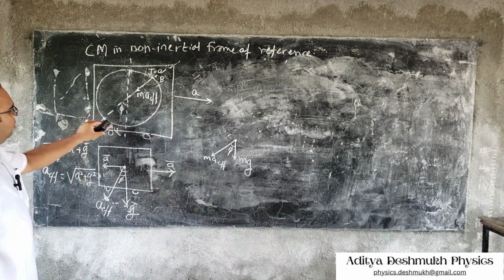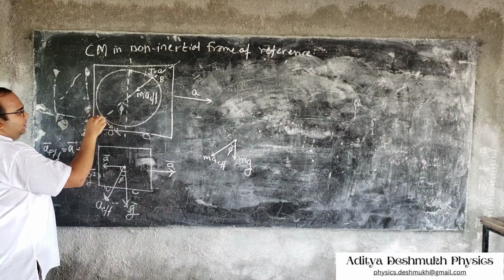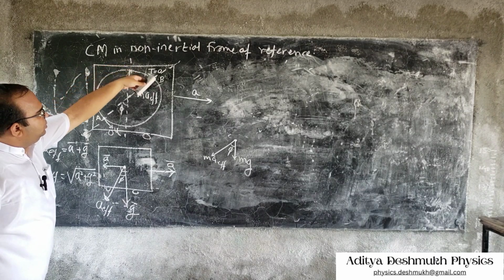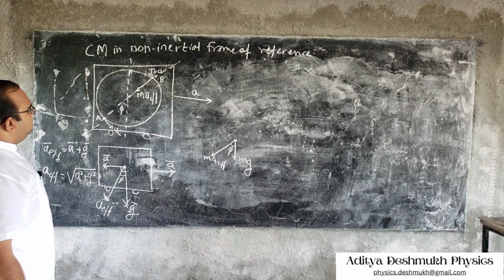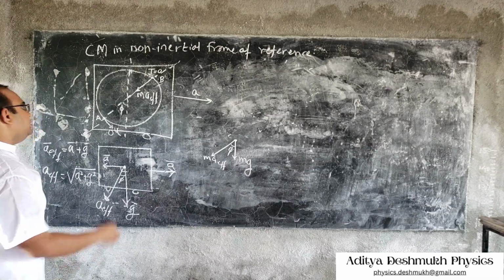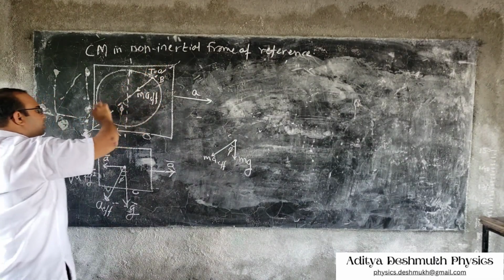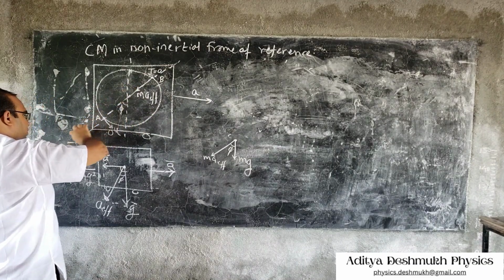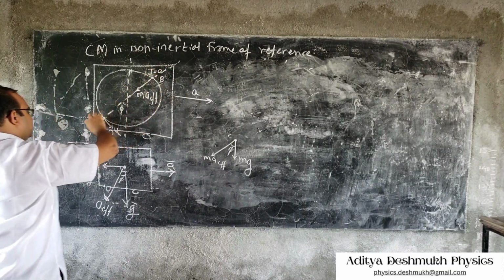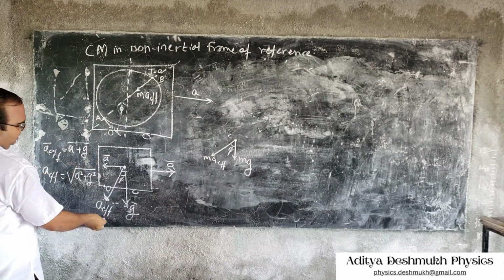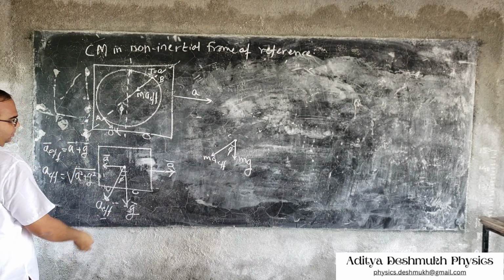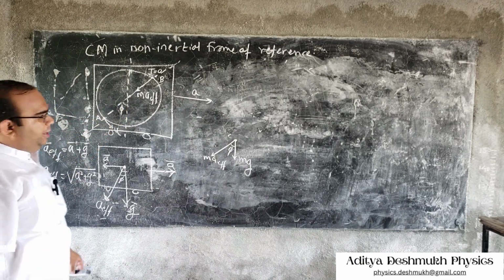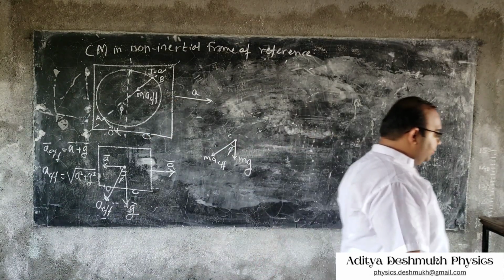My lowermost position will shift to the left and the uppermost position will shift to the right, because weight is going to point in the direction of a effective, which is inclined to the vertical at angle phi.